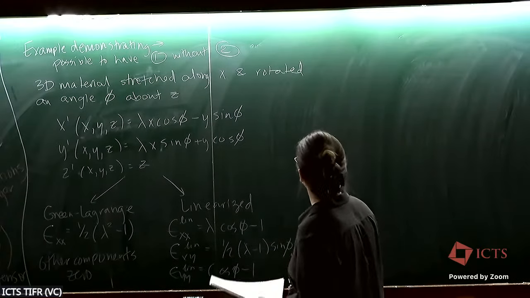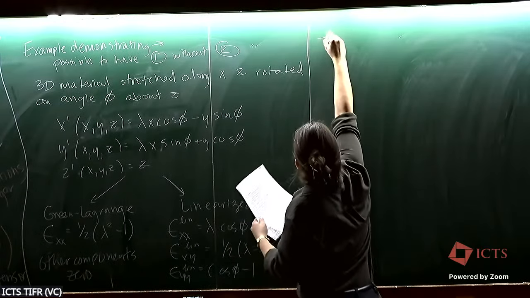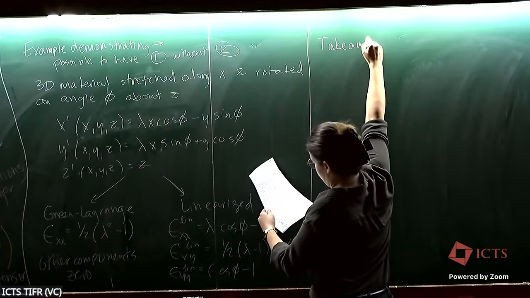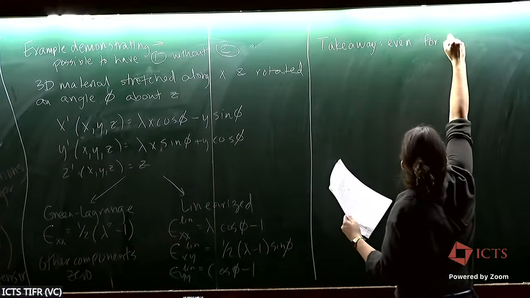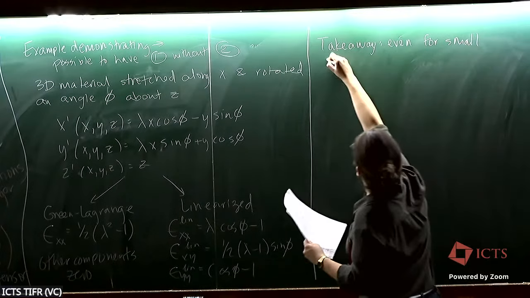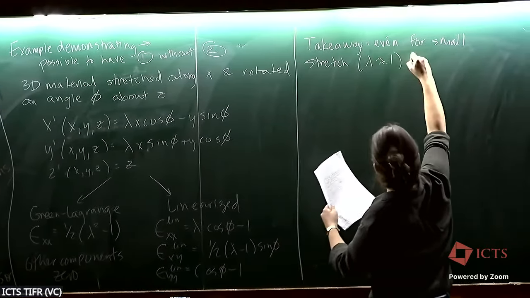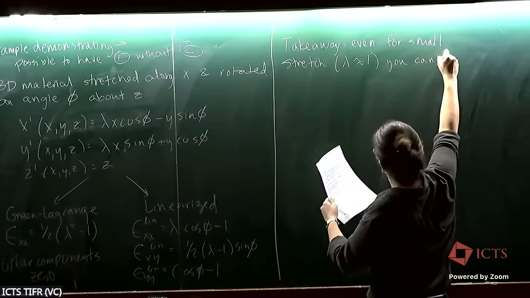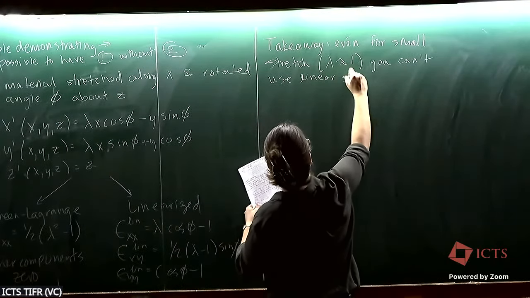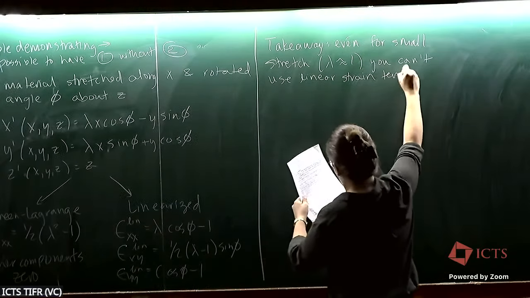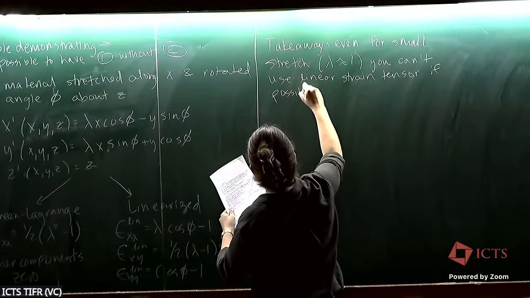And so our takeaway here is that even for a small stretch, which would be lambda approximately 1, you can't use the linear strain tensor if there is a possibility of large rotations.